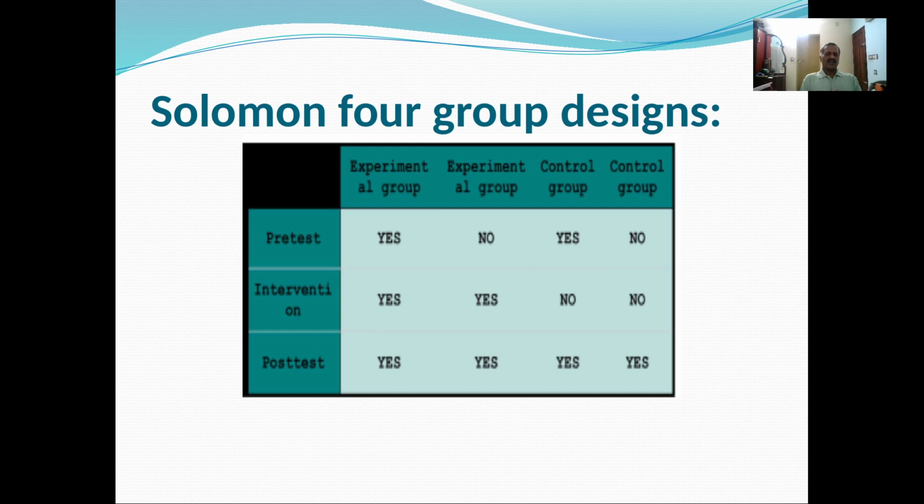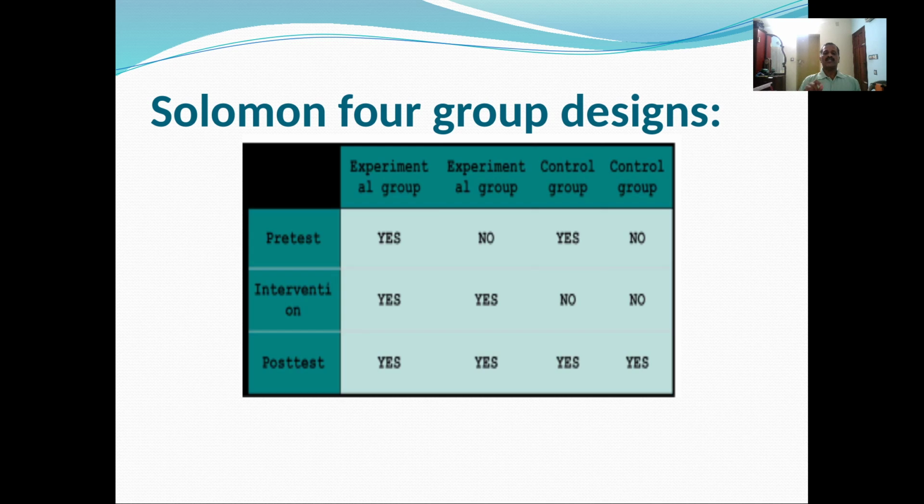This mainly applies not to pharmacological interventions, but to educational interventions or some form of performance intervention, psycho, behavioral, social interventions. The intervention will be given to both experimental group 1 and 2, but no intervention or a placebo intervention to control group 1 and 2.